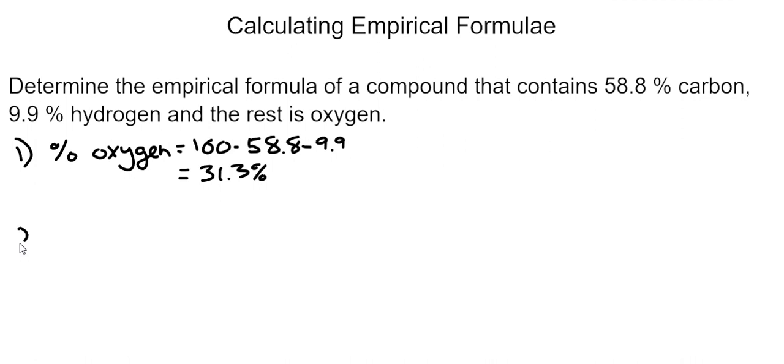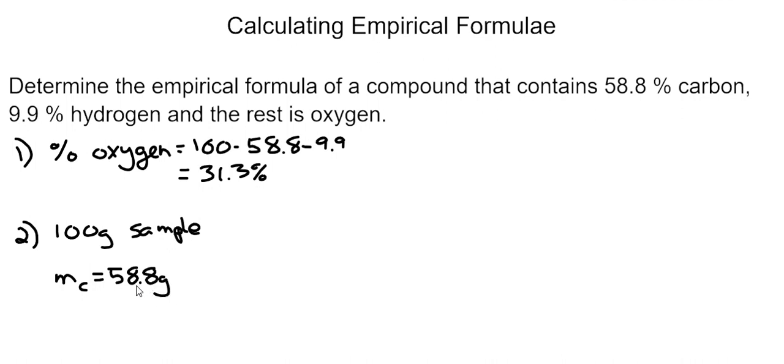The next step is that we're going to assume that we have a 100-gram sample overall. The reason we do this is because this allows us to convert our percentages into masses. So now I have a mass of carbon in this made-up sample of 58.8, not percent, but grams. This will allow us to do our mole calculations.